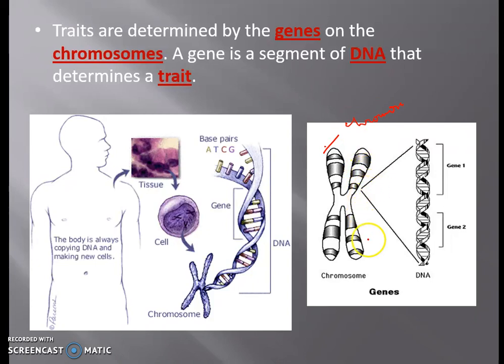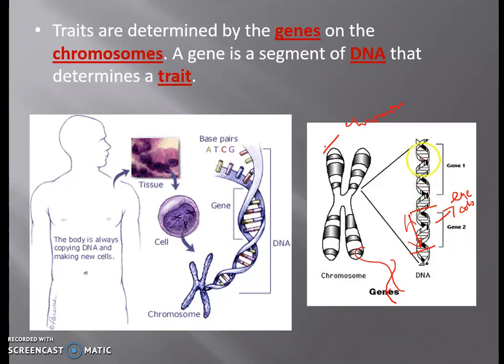If you unwind this chromosome, it will come into a DNA. If you look at a part of the DNA, suppose this part has the code for a protein, and that protein is going to give you the eye color. This part is going to be the gene, or all those codes in this section of the chromosome which code for eye color are genes.